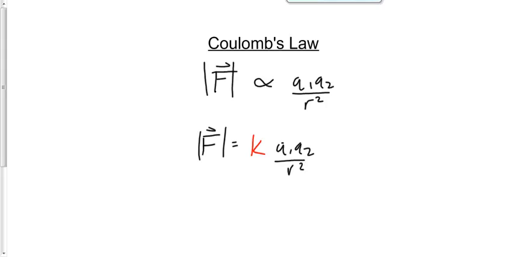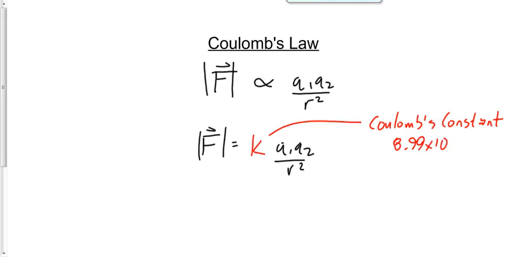So if we stick this constant K in front of Q1, Q2 over R squared, then it's equal to the force. The value of that constant we call Coulomb's constant. It's on your data sheet, 8.99 times 10 to the 9 Newton meter squared per Coulomb squared.